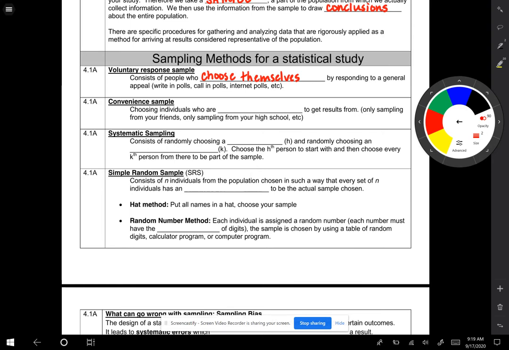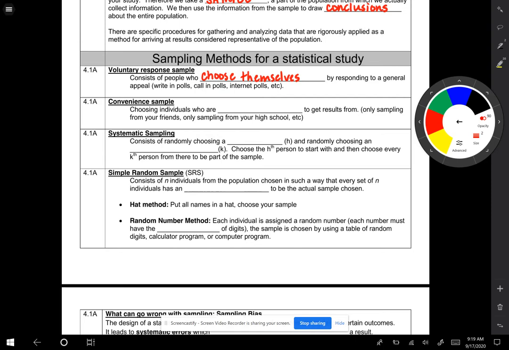And oftentimes they're paid to do it, not necessarily, but if you're looking at current situations, there are so many different companies trying to come up with a COVID vaccine. So you have volunteers that want to participate in a study, and they may get paid, they may not, and so on. So that is an example of a voluntary response sample where they choose themselves.